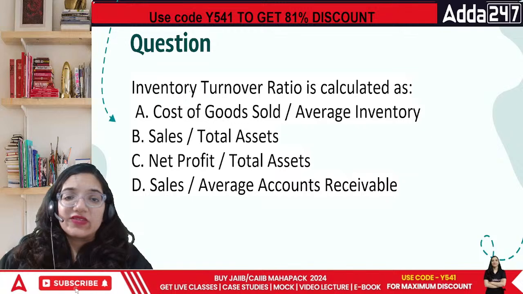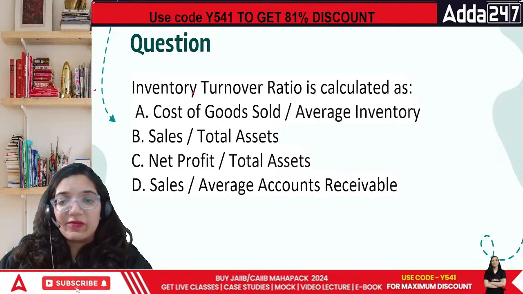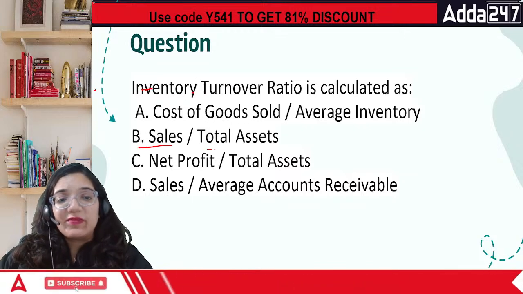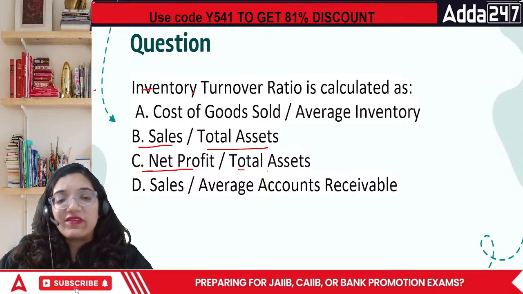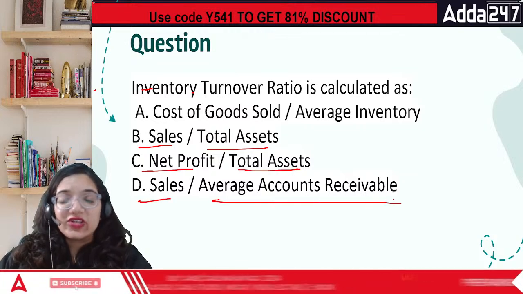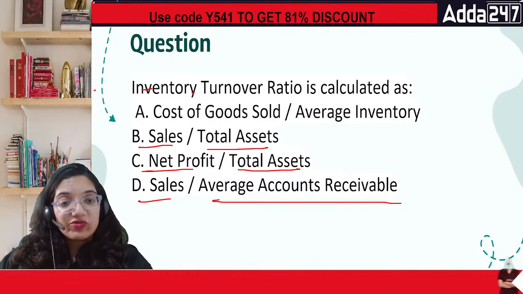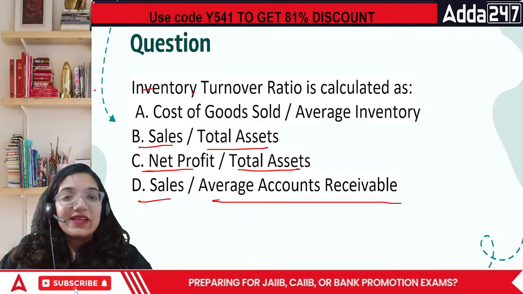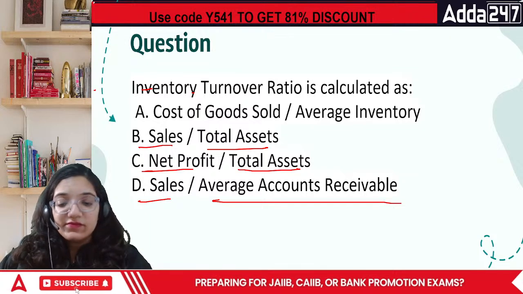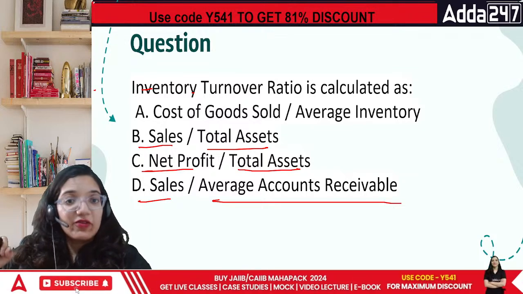Inventory turnover ratio is calculated as: cost of goods sold divided by average inventory, sales divided by total assets, net profits divided by total assets, or sales divided by average accounts receivable. Inventory turnover ratio is one of the activity ratios which talks about the organization's money. It says whether the organization is strong enough or not.